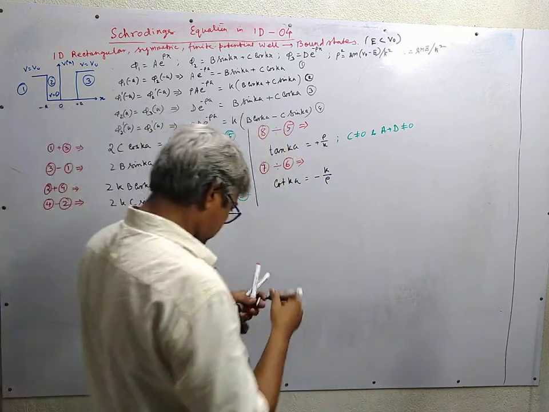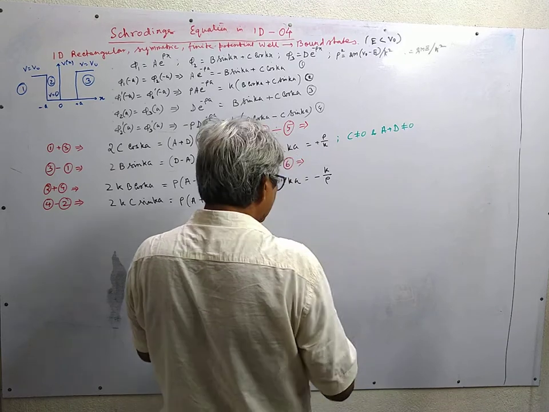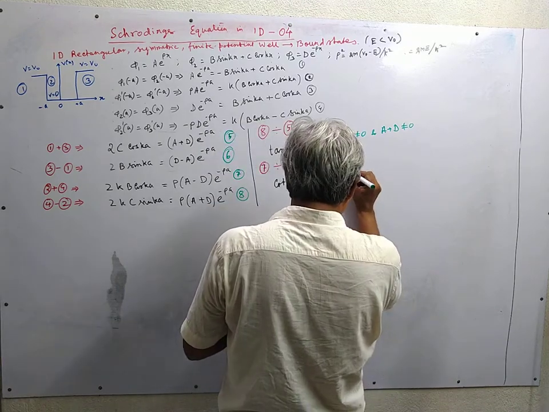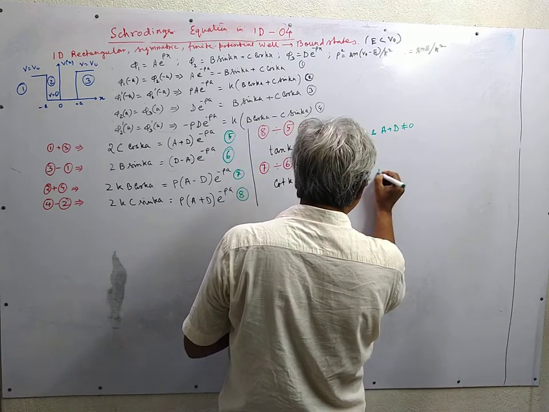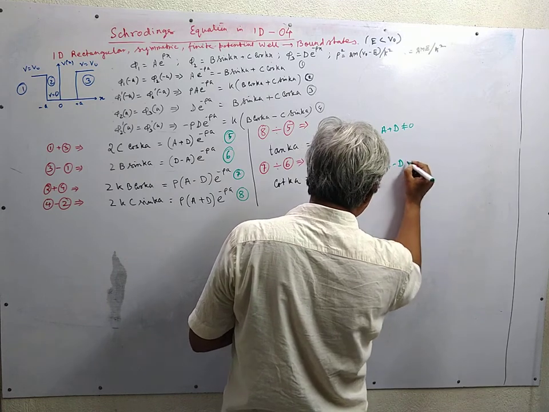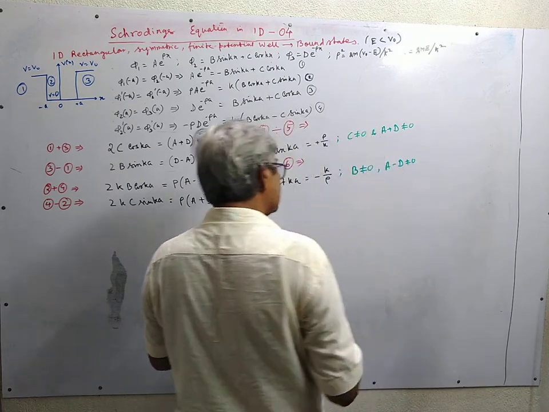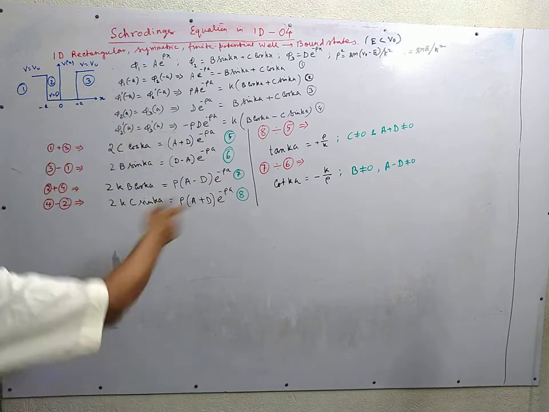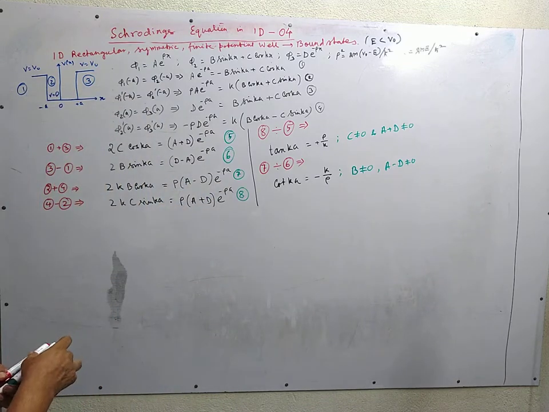Here the assumptions that we have made are that b is not equal to 0 together with a minus d not equal to 0. This is the assumption because of the quantities we have divided by.